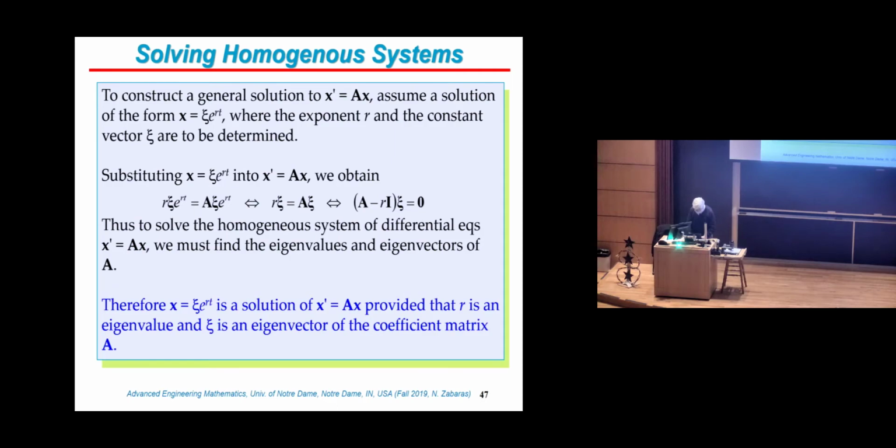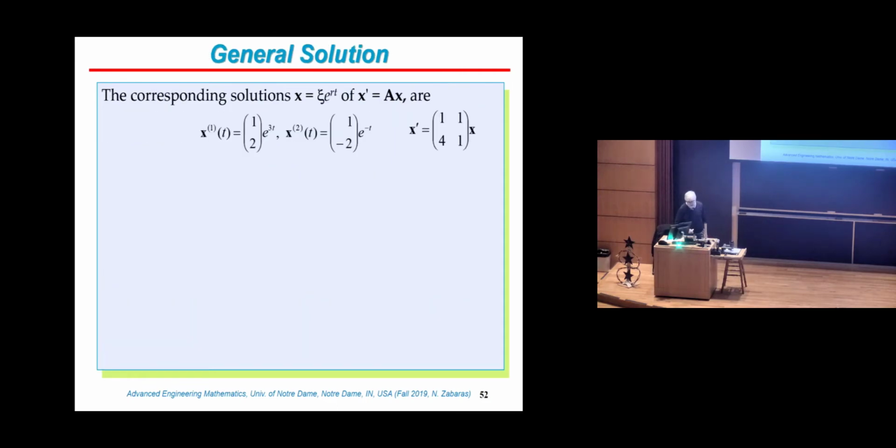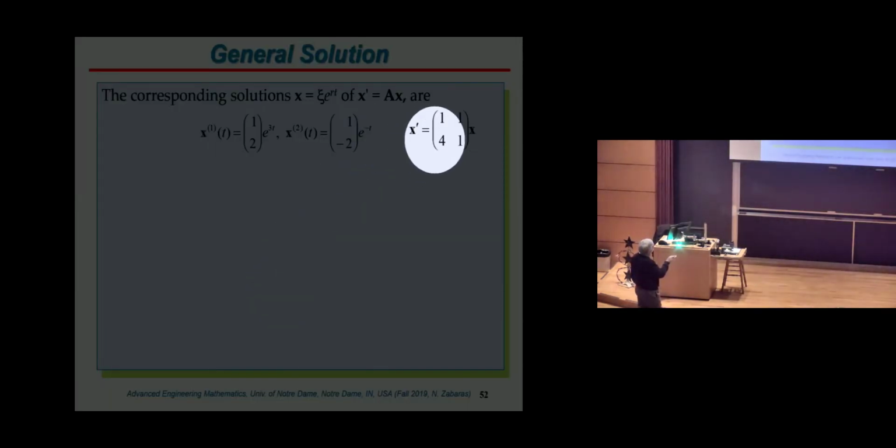All right, let me take one example, okay? The previous slide has all the algebra for you to see that there's no magic. So this is my 2 by 2 system of equations. You're going to have to calculate the eigenvalues and eigenvectors of this, and I already have done this in the previous slide.